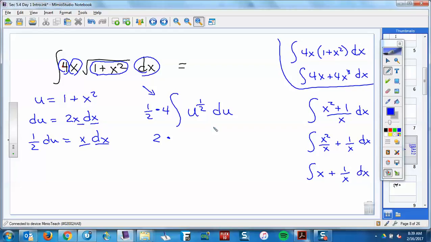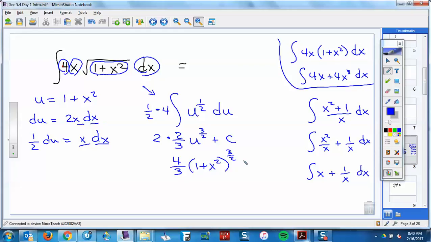So raise that up to 3/2, so that'd be 2/3 u to the 3/2 plus C. Remember, the du just goes away because it's just there to say with respect to u. The integral sign goes away because it's just telling me to do the antiderivative, so I've done it. So this becomes 4/3, and now in place of the u, I come back to my 1 plus x squared.